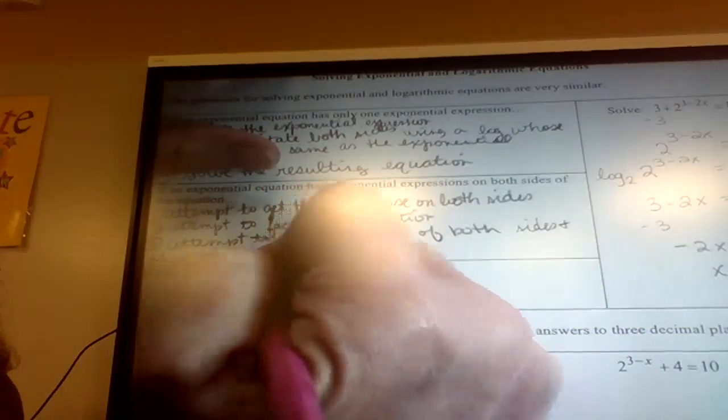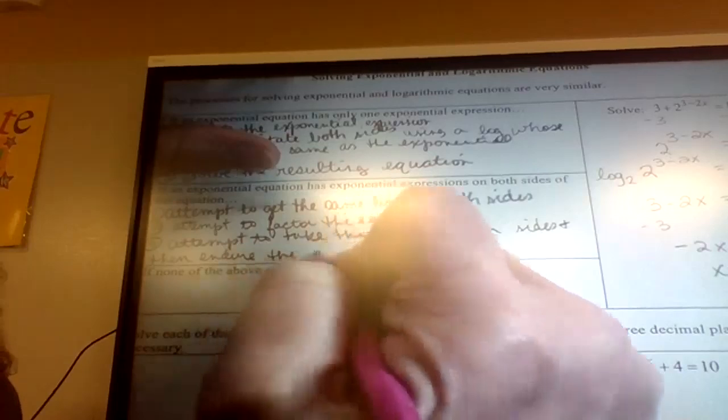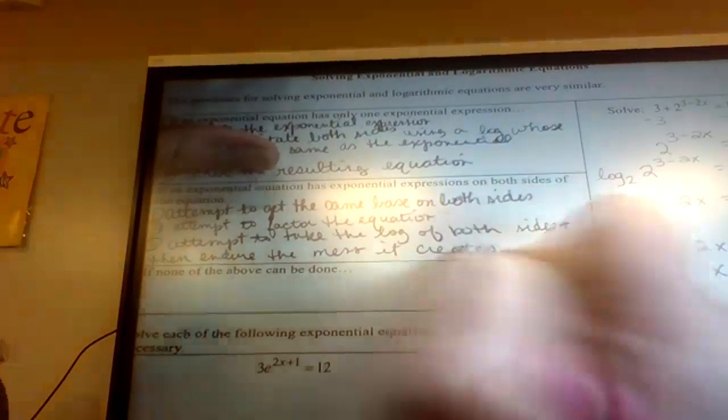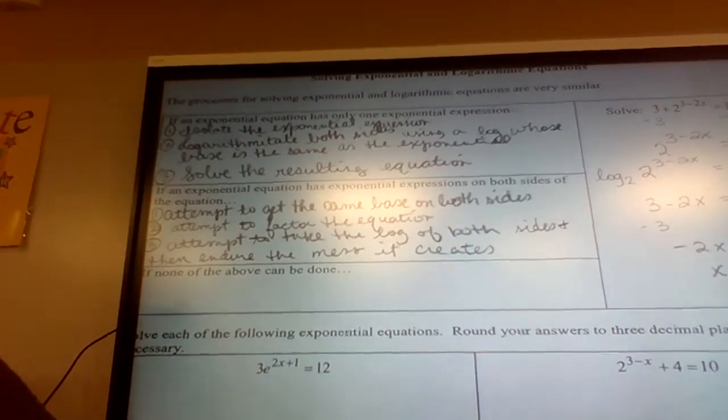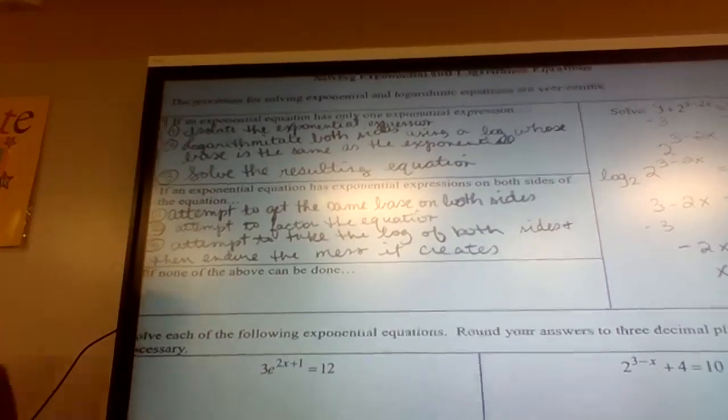And then endure the mess it creates. That's not a joke. It's ugly. You have to do some cross multiplication, and then you have to factor things out. It's great. If none of the above can be done, try your calculator.